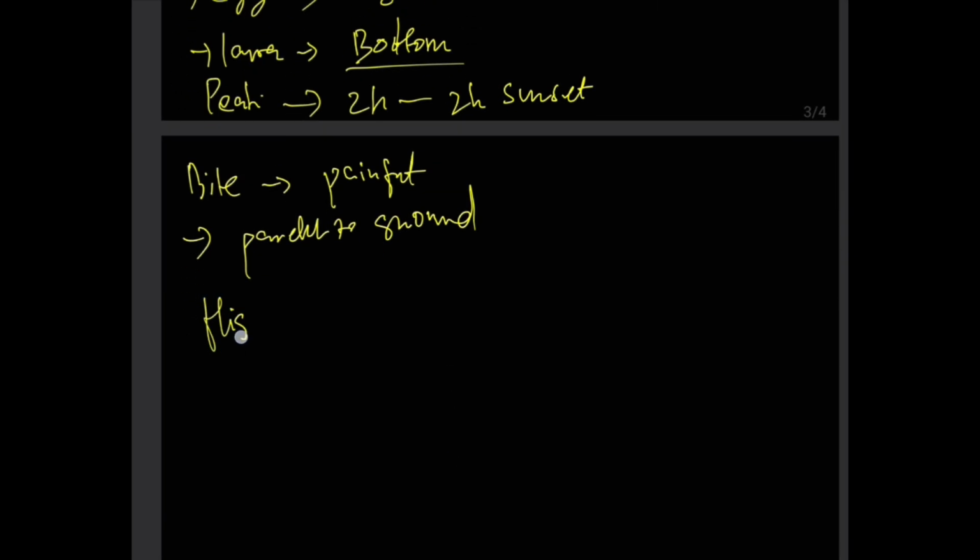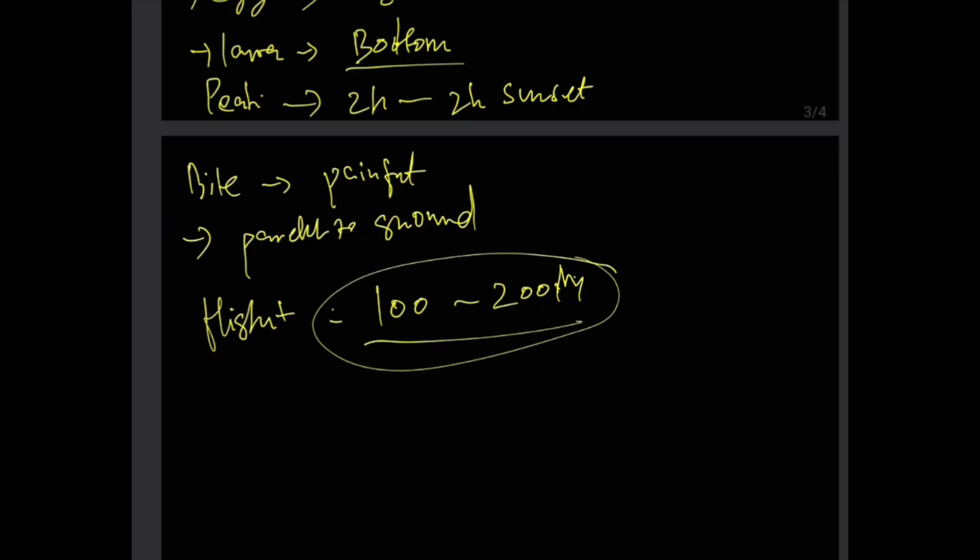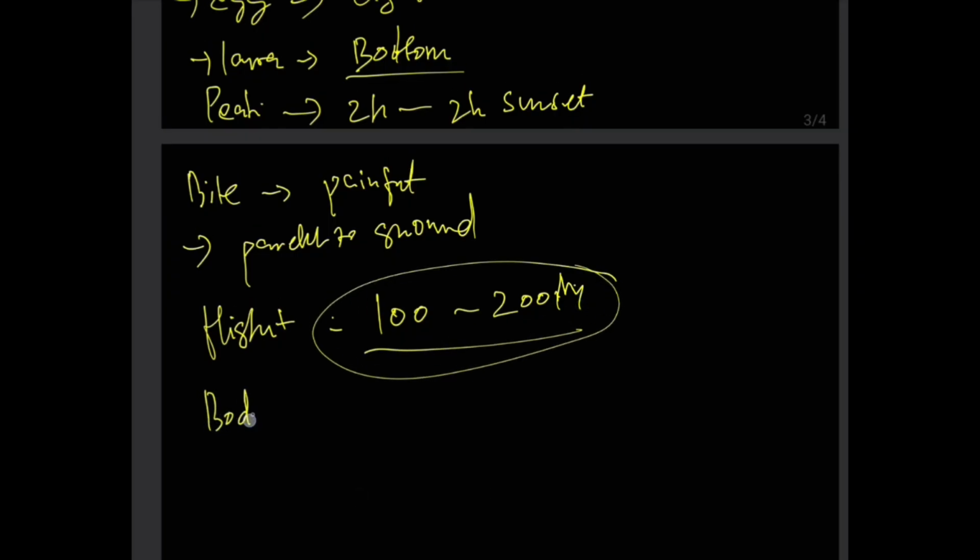The flight range will be 100 to 200 meters, so Aedes has the lowest flight range, while Culex has the highest. Body and wings have tiger-like stripes, so it is called a tiger mosquito.